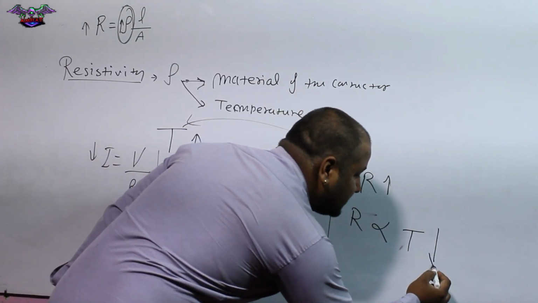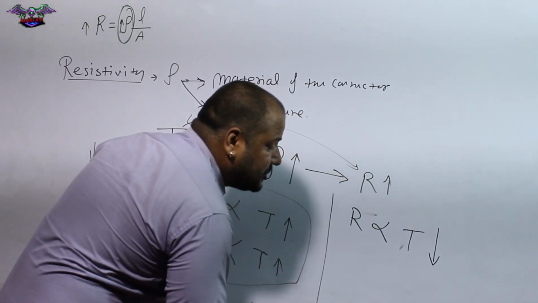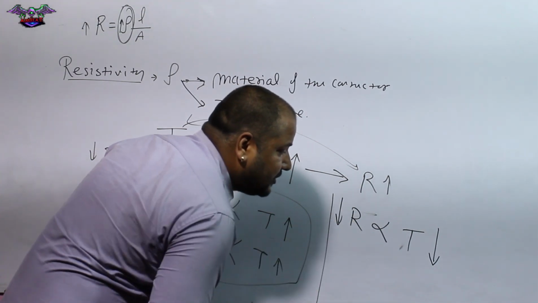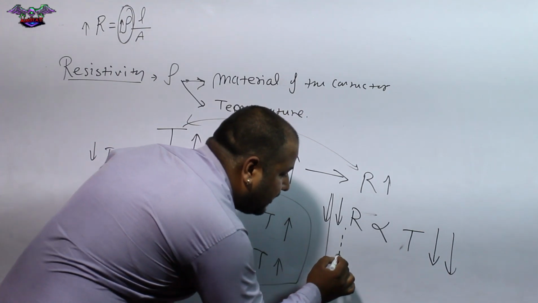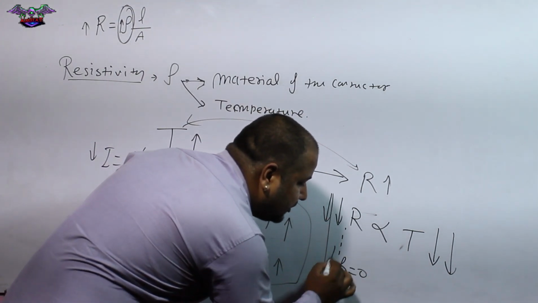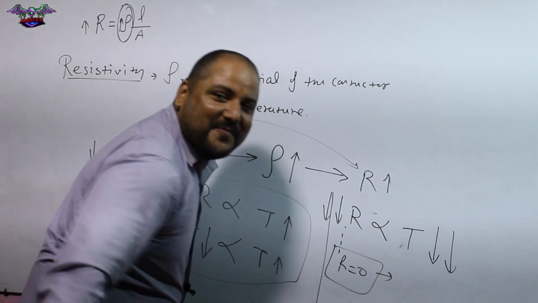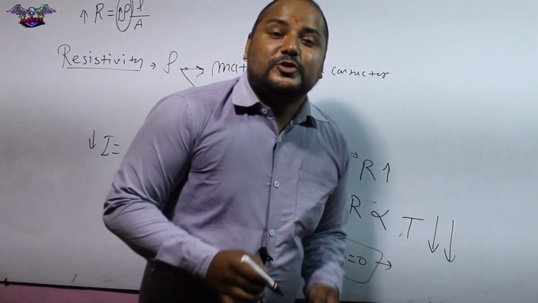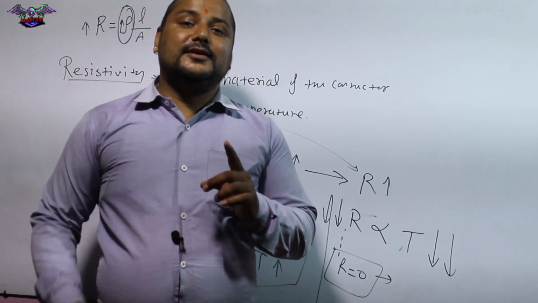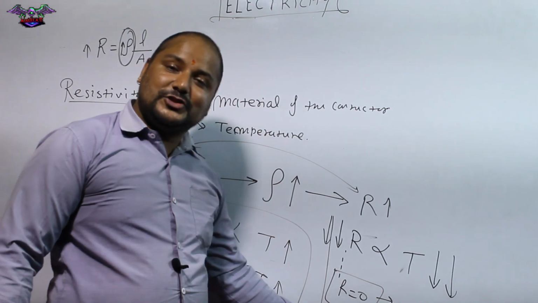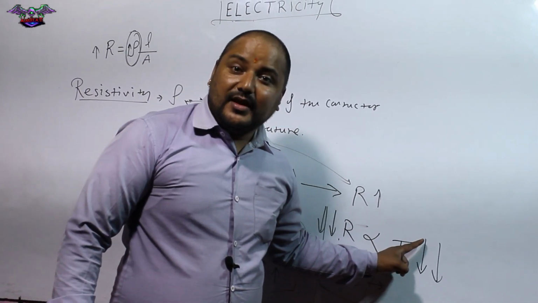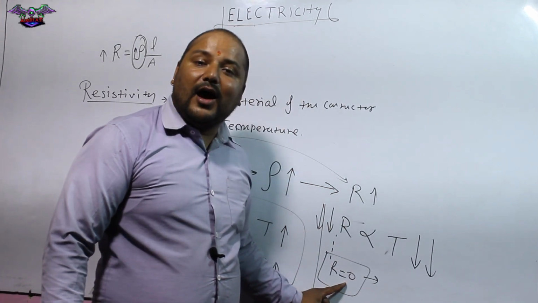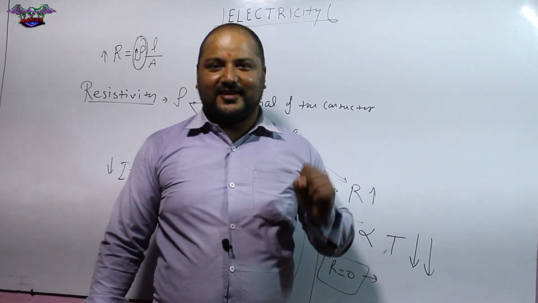As the temperature is decreasing, resistance is also decreasing, and continuously decreasing, resistance will become zero for the conductor. A conductor which has zero resistance at a particular temperature is a superconductor.